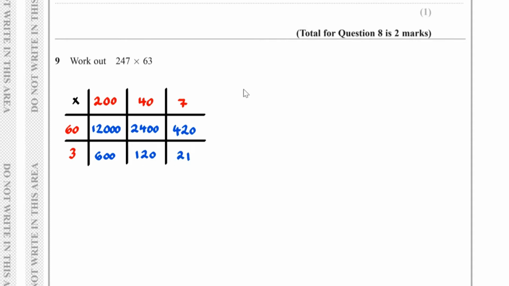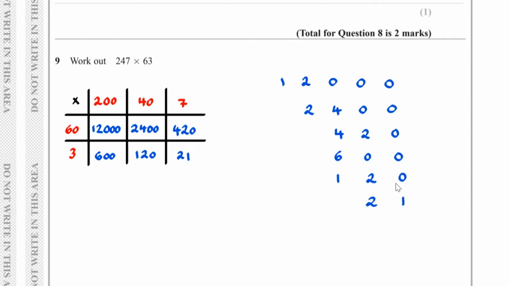So now we have to add all these together. So we've got 12,000, 2,400, 420, 600, 120, and 21.